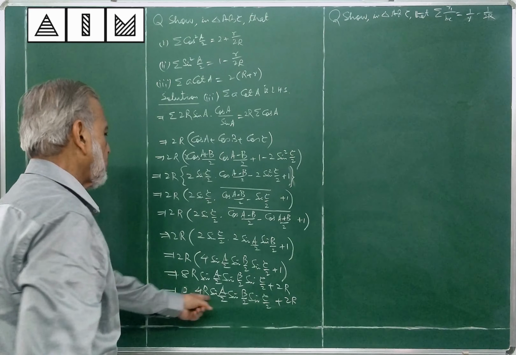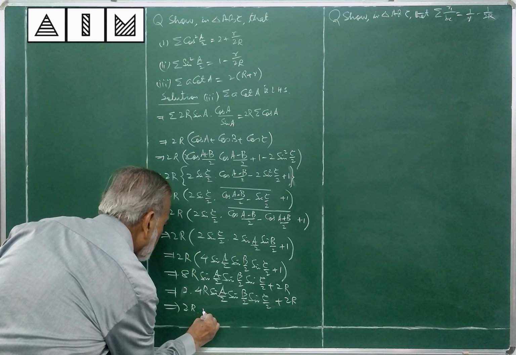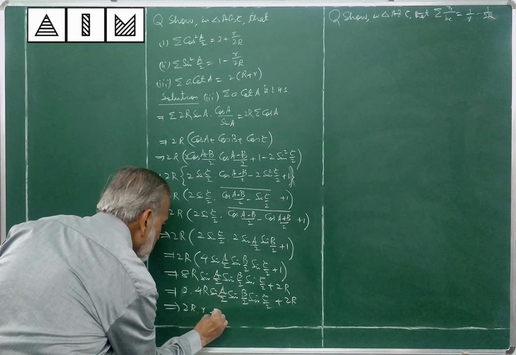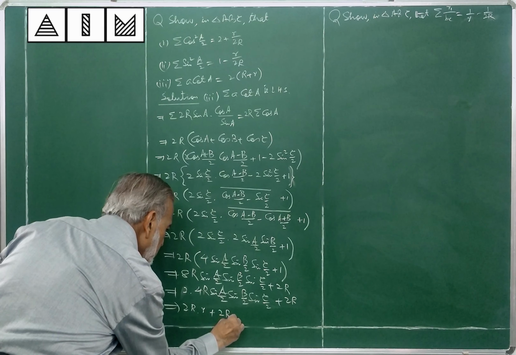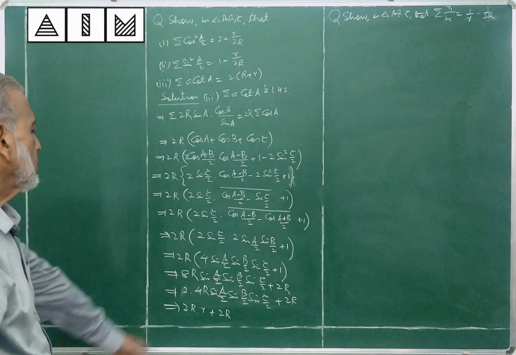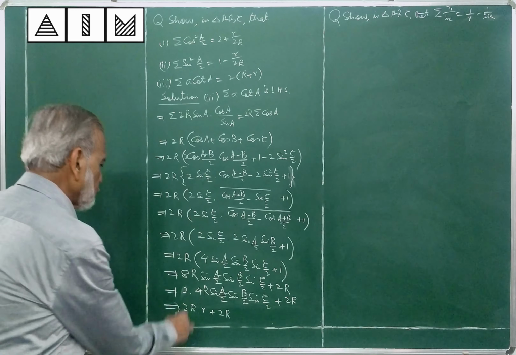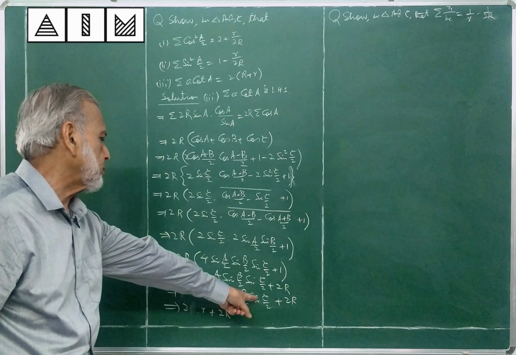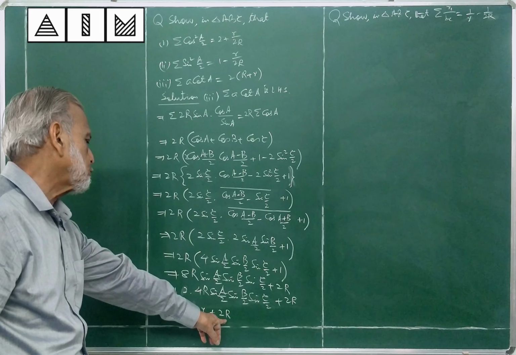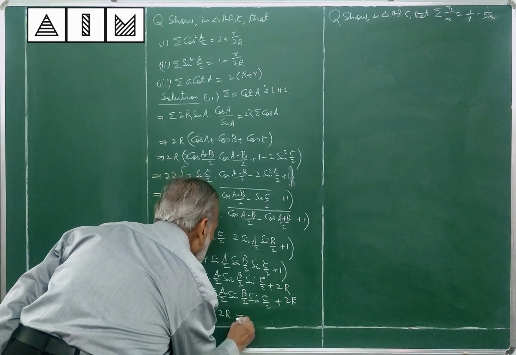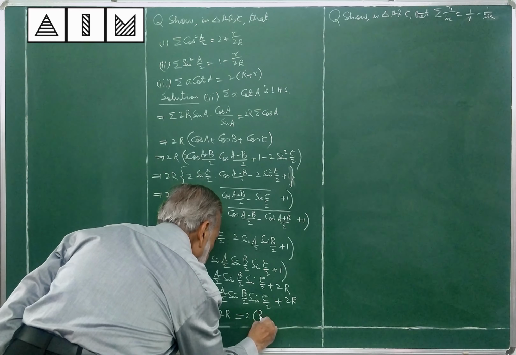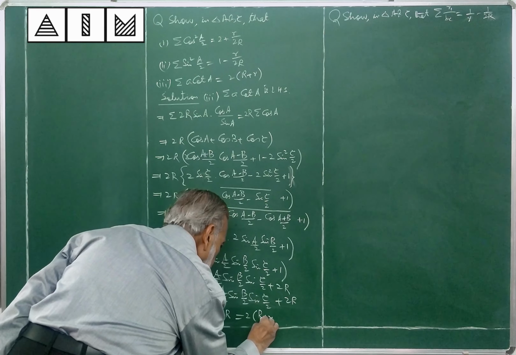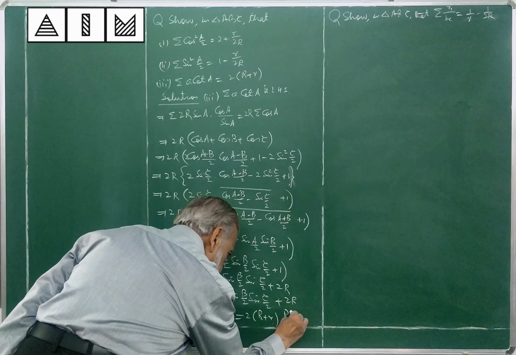And you know this is r, this is 2 only, not R. So 2 times 4R sin A by 2 sin B by 2 sin C by 2 plus 2R is 2 into r plus R, your right hand side.